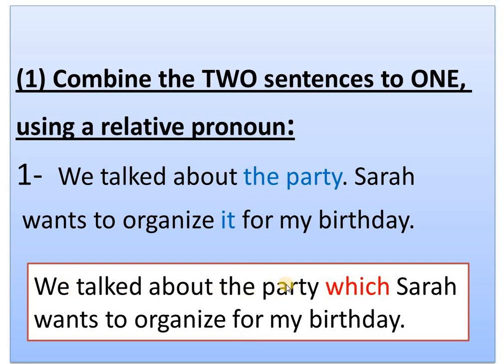The party is something, so we use which. The first sentence stays as it is without changing. After it, instead of the full stop, we put which. And we write the other sentence without it: Sarah wants to organize for my birthday.